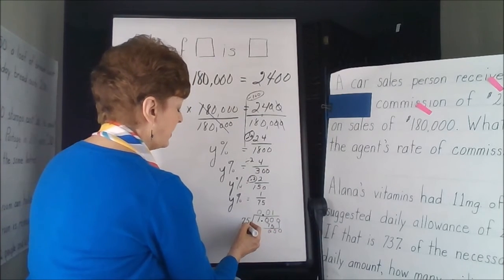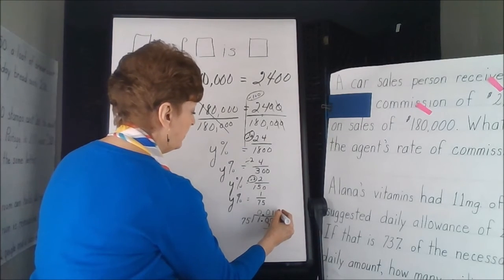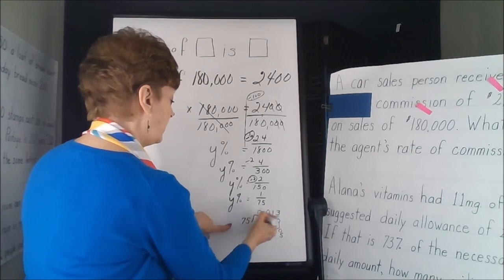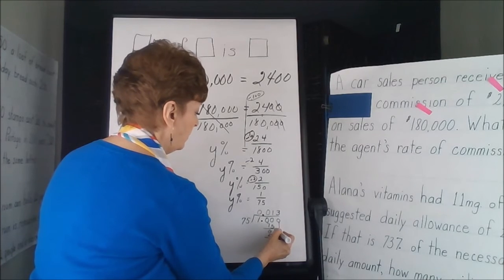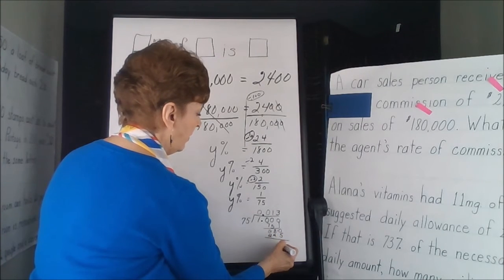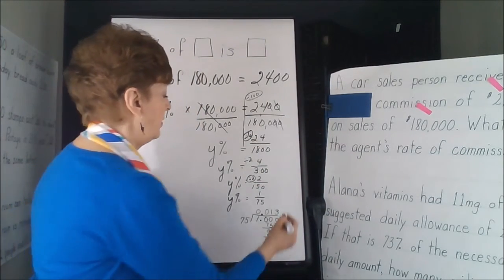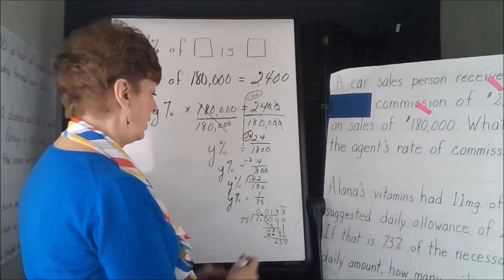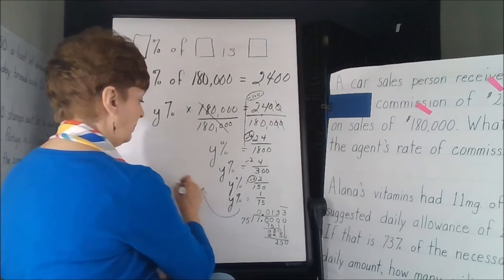We'll try to get this off evenly. 7 goes into 25 3 times. 3 times 5 is 15. 3 times 7, 21, and 22. We're going to have 25 again. So this is a repeating. See how we got 100, 250 again? This is going to be a repeating decimal.